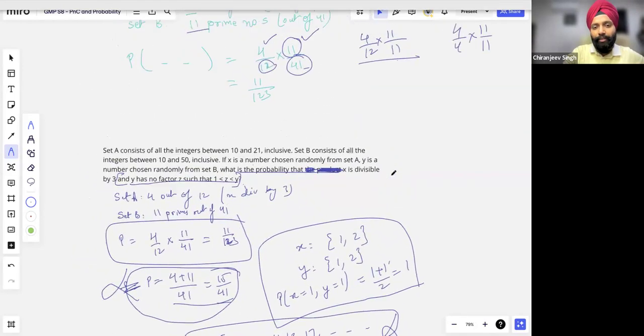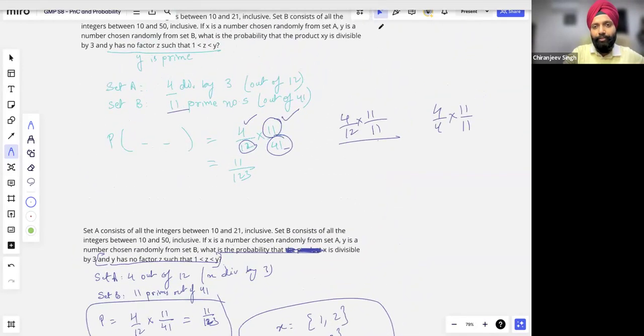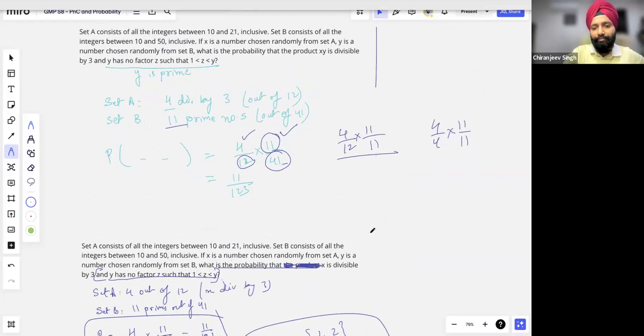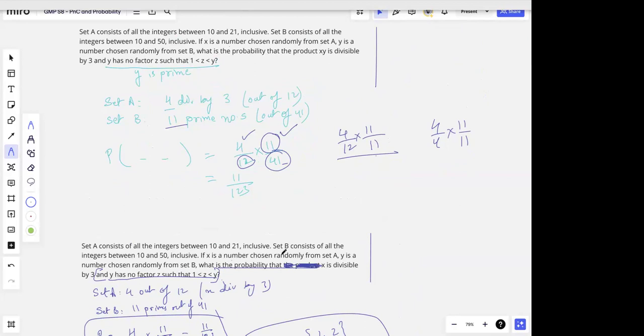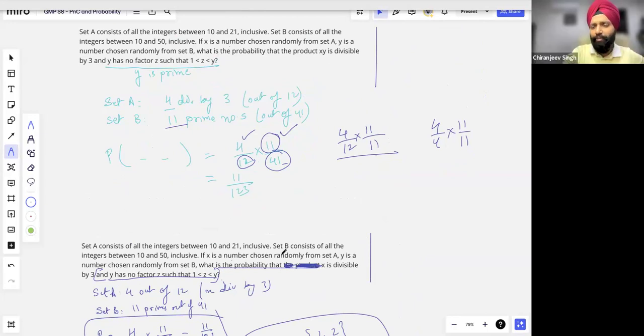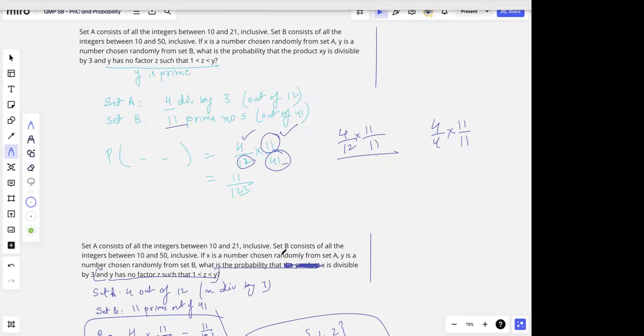So now let's look at these two questions. Why should these two have different answers? Is there any reason that these two should have a different answer? Because there's another constraint, that the product xy is divisible by 3. But if X is divisible by 3, it will be taken care of, no?